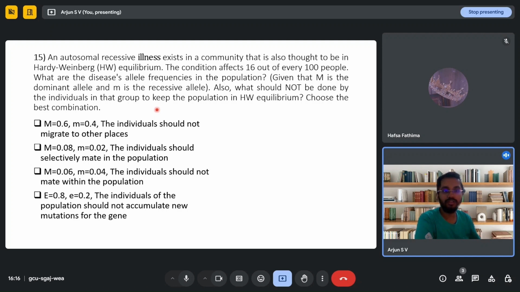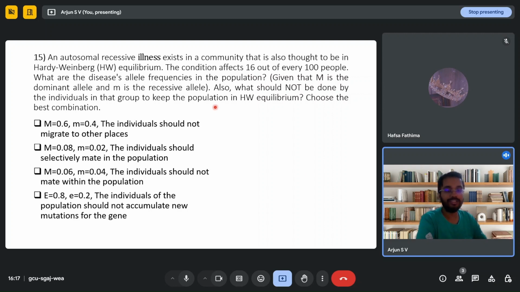So this is also another part of the Hardy-Weinberg equilibrium. Basically, they have given you the q square here. 16 out of 100 is the q square. So you have to find out p and q from that, and then you have to justify what reason should be given for Hardy-Weinberg equilibrium.